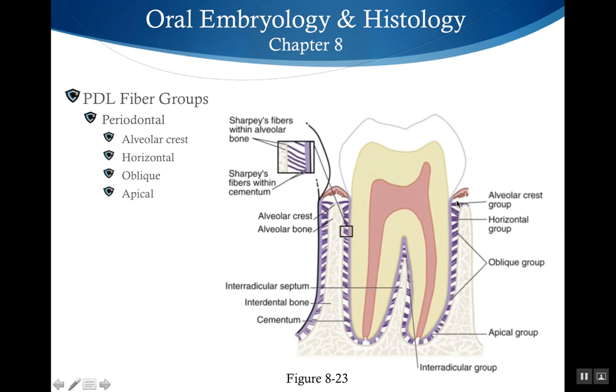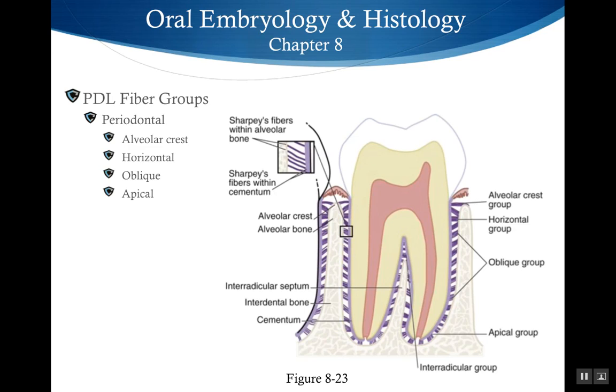Okay, so we've got the alveolar crest, we have the horizontal, you can kind of see those going from left to right, you've got the oblique kind of going diagonally here, and then you also have the apical group of periodontal fibers. And the oblique, which you can see here in the middle portion of the root, those are the most numerous, and they constitute the main way that the tooth is attached.